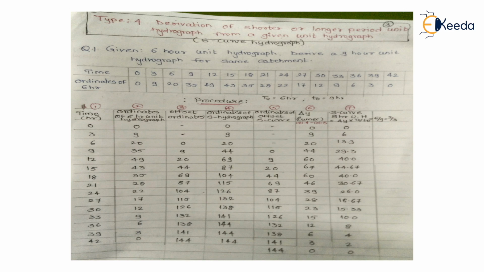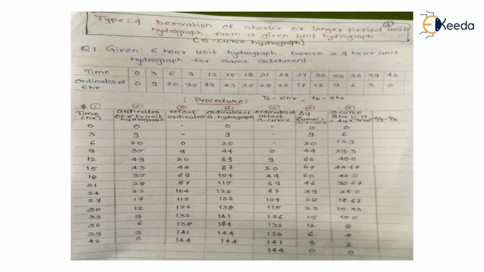In the sixth column, after subtracting column 4 and column 5, we get the final ordinates. And finally, for finding out the unit hydrograph of 9R time interval, we have to multiply column 6 by the ratio capital T O divided by small t O. Capital T O means the given unit hydrograph, which is 6R, and the derived unit hydrograph that we have to find is 9R.